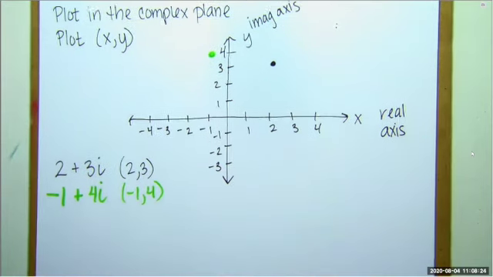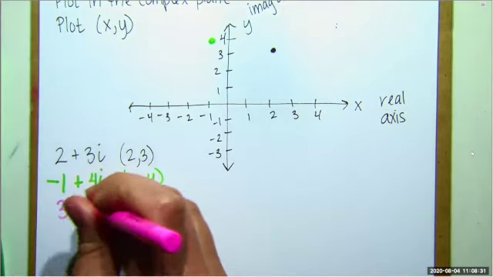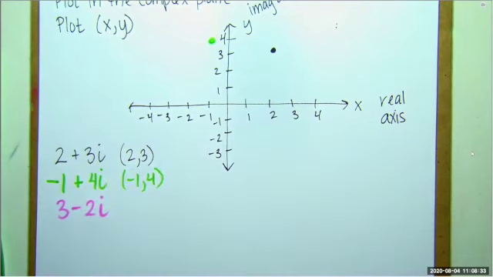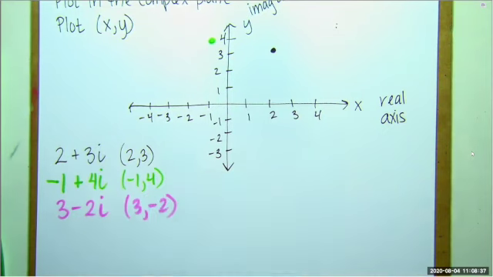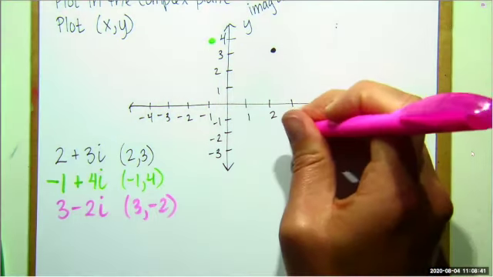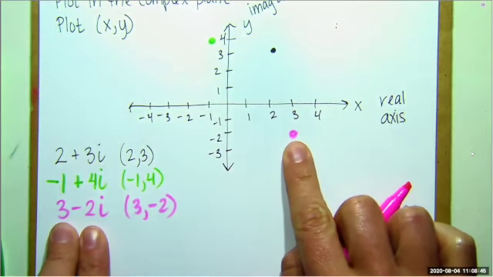Let's do a couple more. How about 3 minus 2i? Again, we pull off the real part, which is 3, and the imaginary part, which is -2, and we'll just plot that point. So 3, -2, this pink point here corresponds to 3 minus 2i.